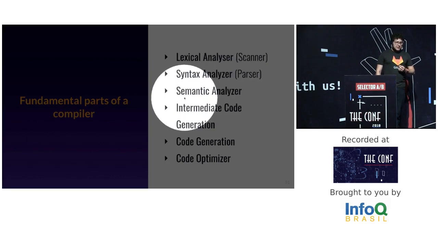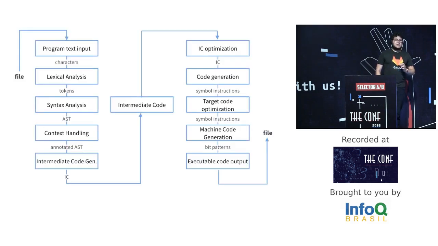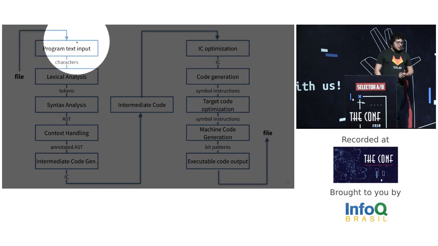And then you have semantic analyzers, intermediate code generation, code optimizer, and so on. So this is the diagram that describes a traditional compiler. You usually start with the source file, which is fed into the program input.